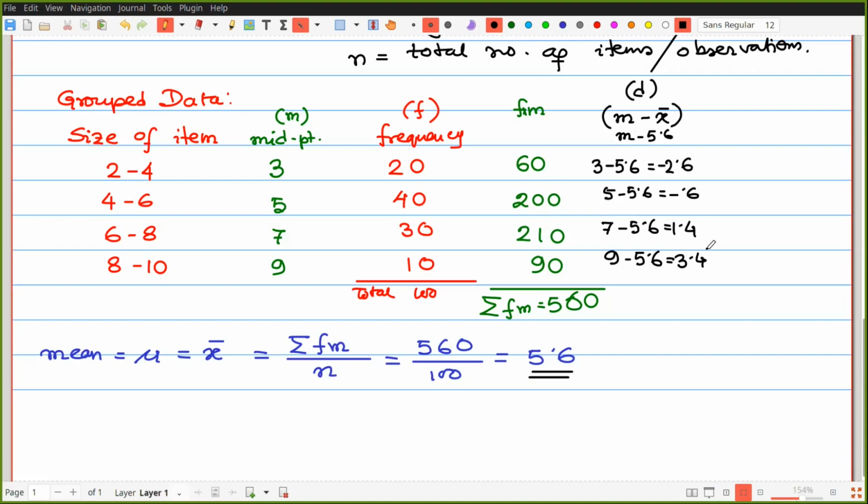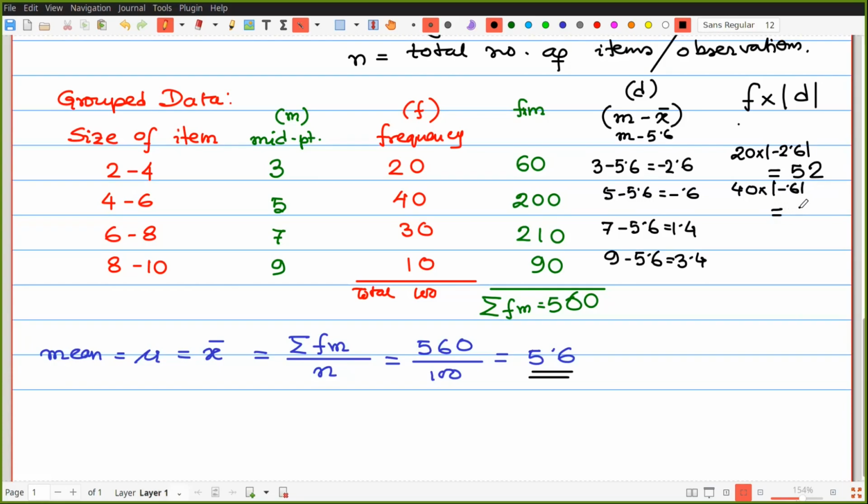Yet now the column is not completed. Why? Because for finding the mean deviation, we have to find out the absolute value. So that's why we have to find out the last column as f into modulus of d. F means 20, the first one. So 20 into the modulus of minus 2.6, that means 20 into 2.6. That is 52. Next one, 40 into modulus of 0.6.